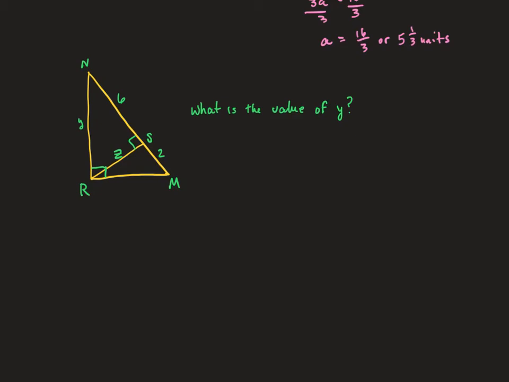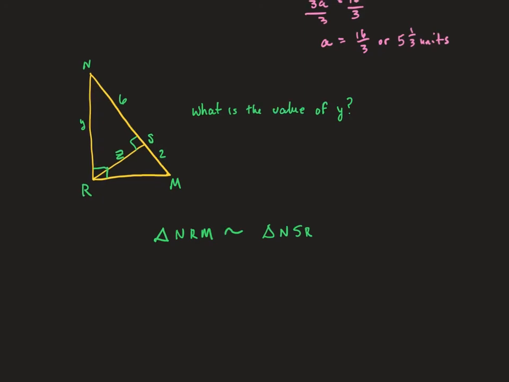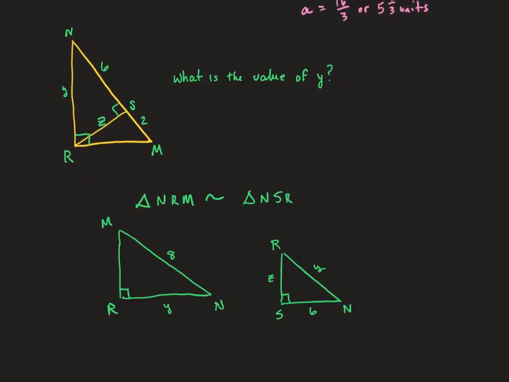Well, the y isn't involved in my geometric mean, so in this case I need to remember that we do have a right triangle similarity with our altitude, so we should be able to say that triangle NRM is going to be similar to triangle NSR.